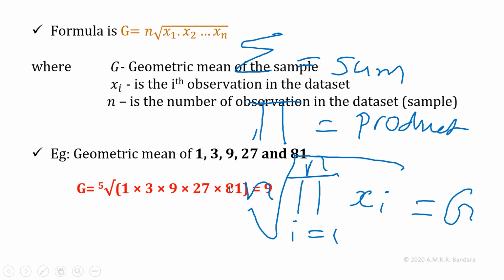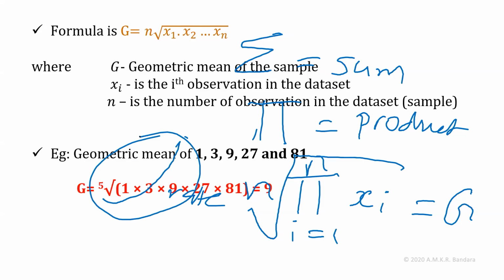But if we get the geometric mean, you can see the value is 9. This exactly represents the center of the data set. So you can see here data in an exponential growth: 1, 3, 9, 27, 81. It is an increasing rate. So to represent this kind of data set, we use geometric mean.